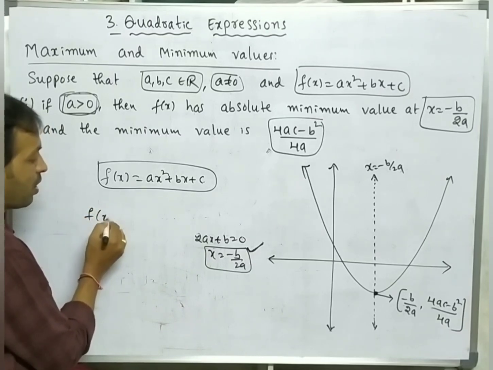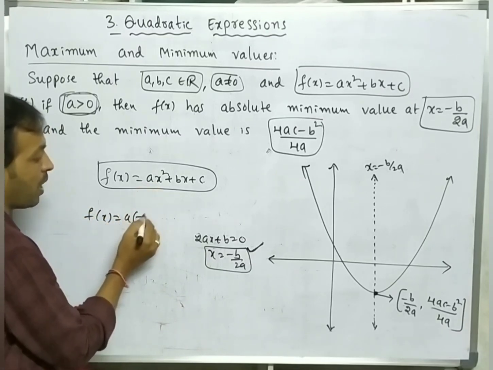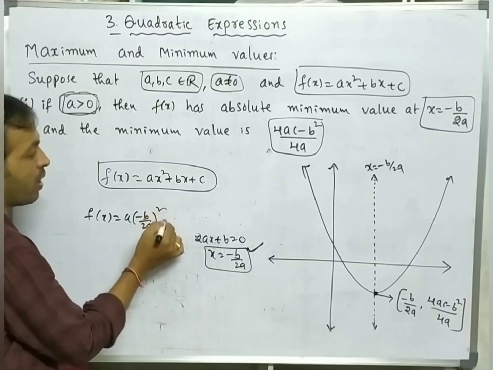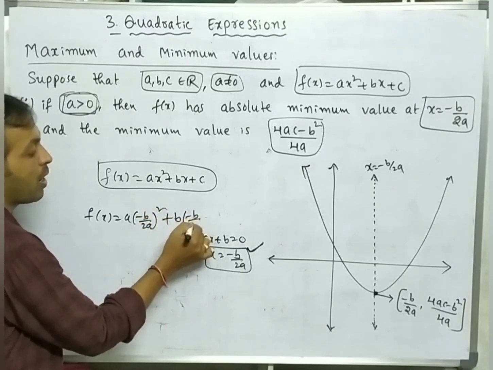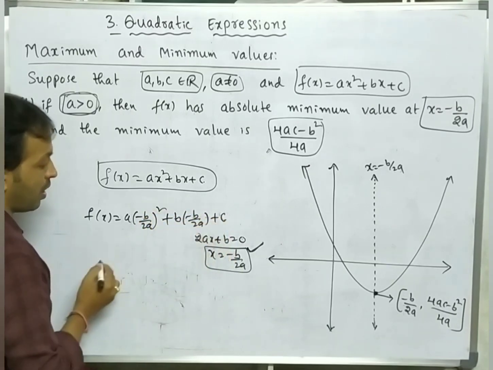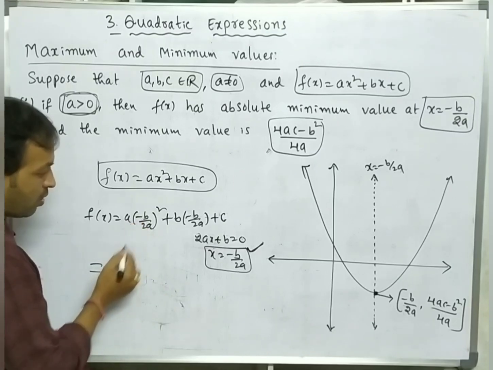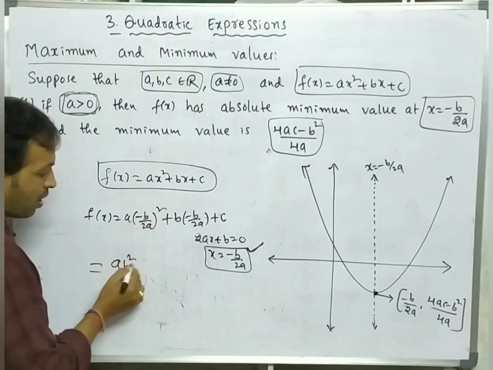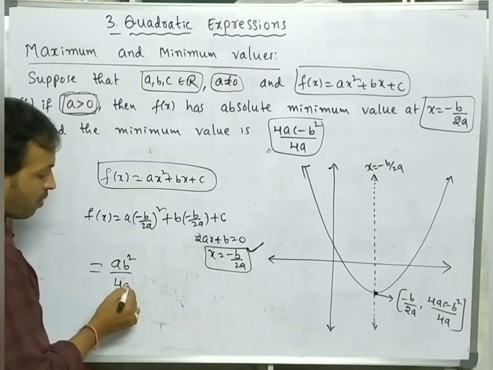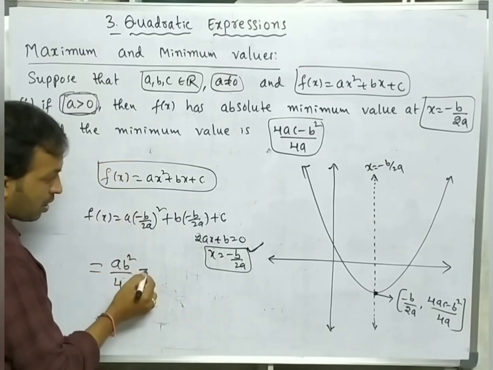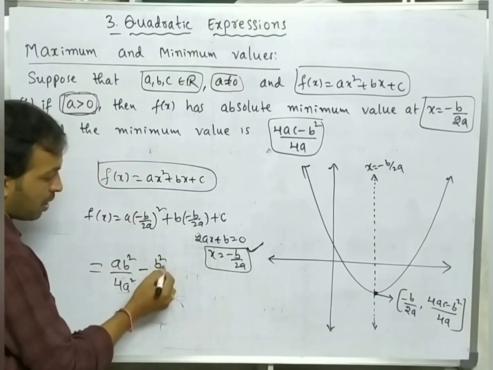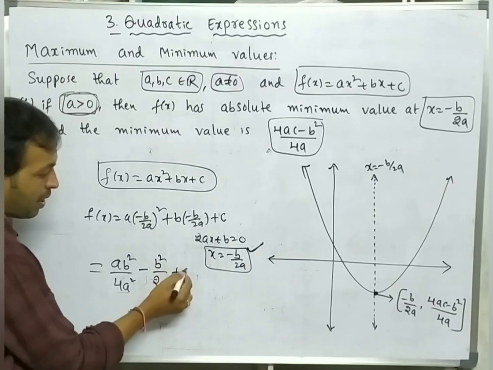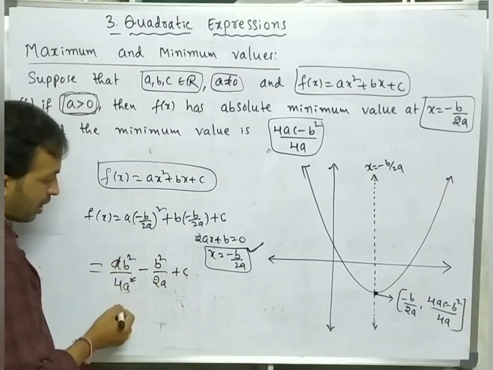So f of x is equal to a into minus b by 2a whole square plus b into minus b by 2a plus c. So a into b square, that is ab square by 4a square. Next b into minus b, that is minus b square by 2a, plus c. So one a gets cancelled.